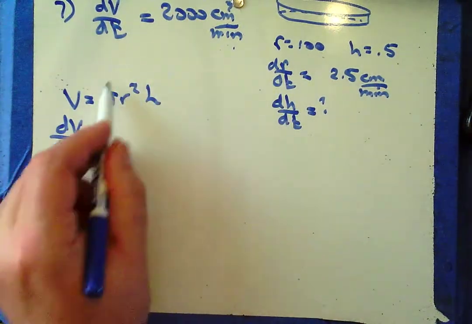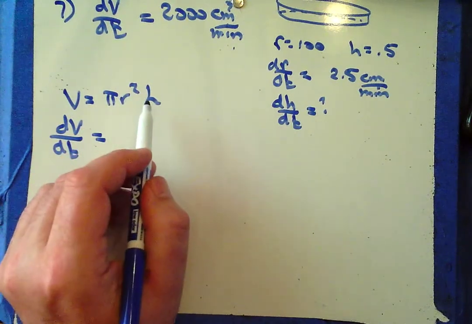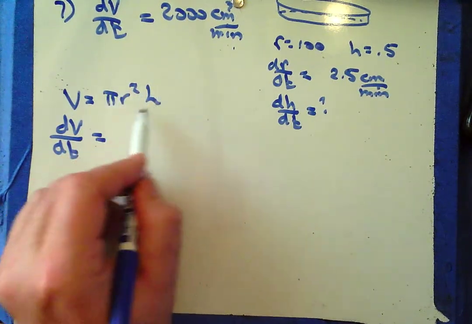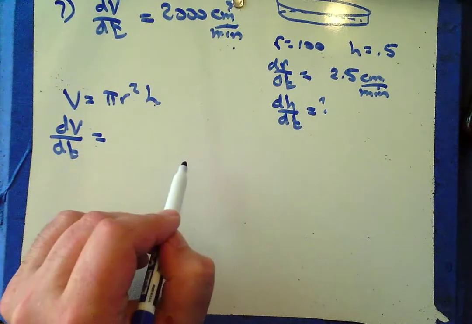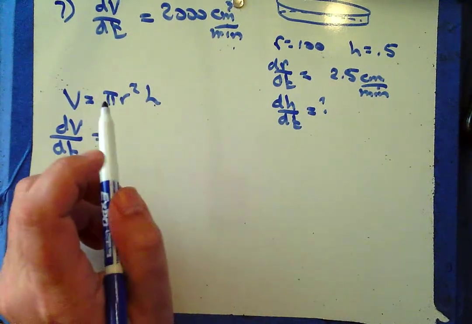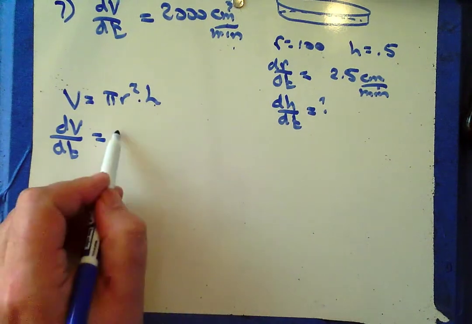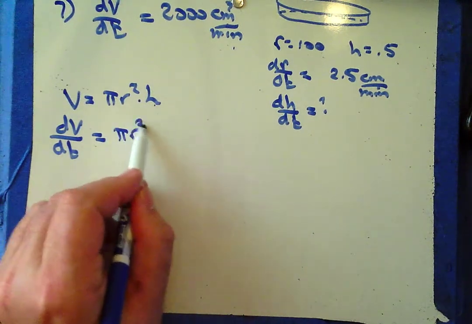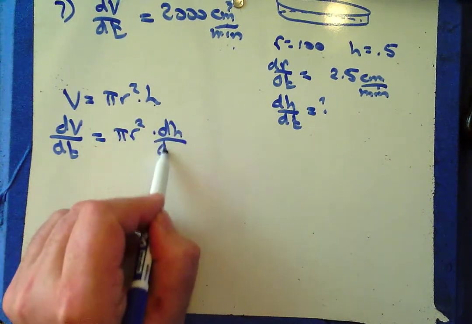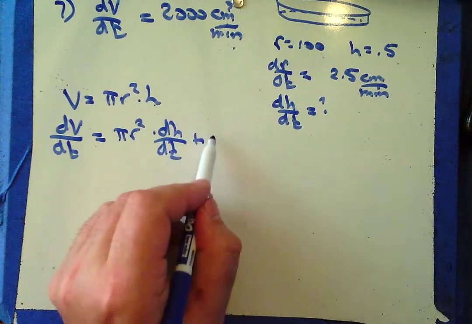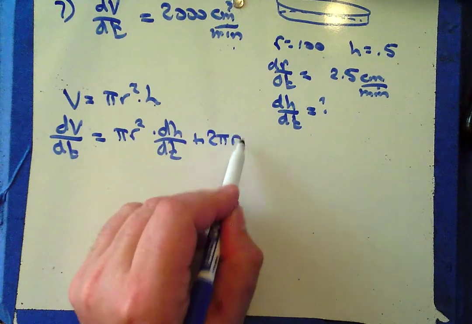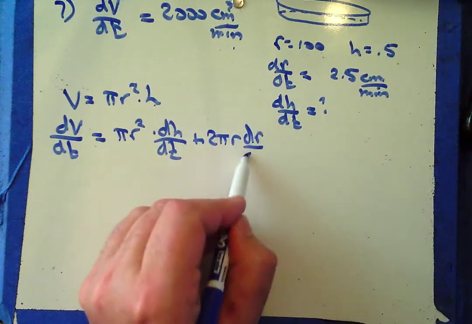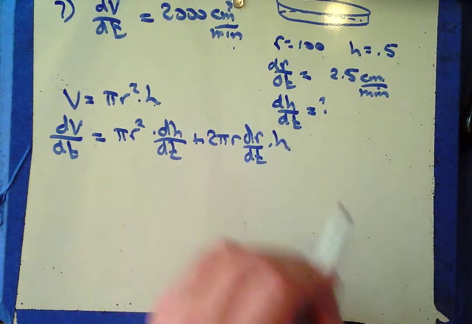So I have to take the derivative over here. But unlike a lot of the related rates problems where we had a helping equation to get everything in terms of one variable, here we don't. Here we have to use the product rule. So pi r squared dh/dt plus the derivative of this would be 2 pi r dr/dt times h.